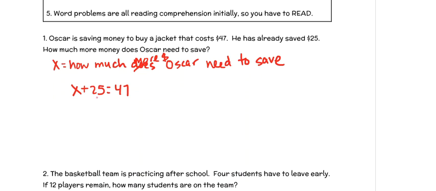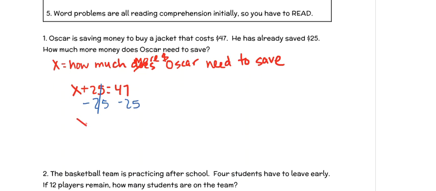And now solving this, if you watch my prior video from yesterday, you're trying to identify the side the variable's on, and then what is the relationship between the variable and the number on that same side. And this is adding 25. So the inverse operation of addition, the one that undoes it, is subtraction. So subtract 25 from both sides.